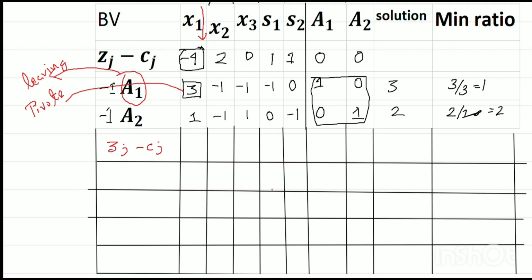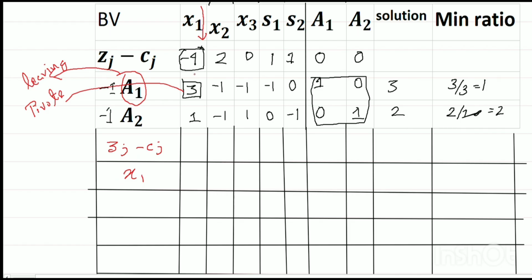Take a ratio of the solution column with the pivot column and choose the minimal ratio; the corresponding row is the pivot row. So this is my Zj minus Cj, and A1 is changing. What is my A1? A1 is X1, because my entering vector is X1 and leaving vector is A1.